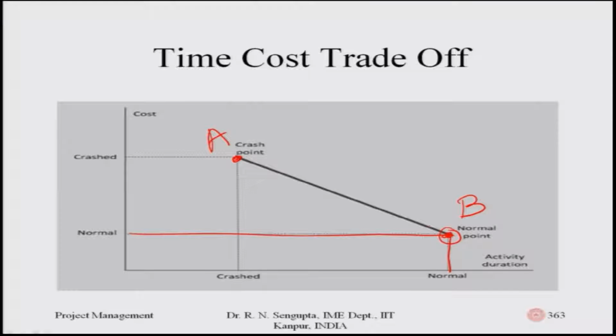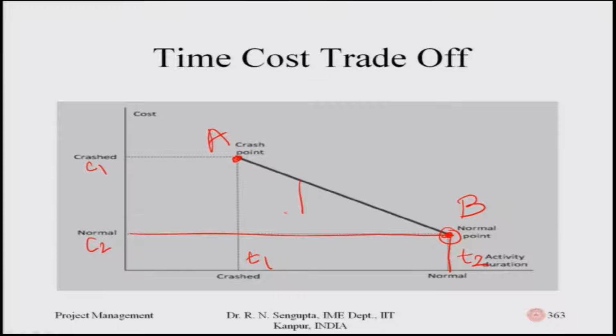Now, you want to reduce the number of days. Consider this is T2 and this is T1. You would reduce it from T2 to T1, but the cost which was initially C2 has to increase to C1.